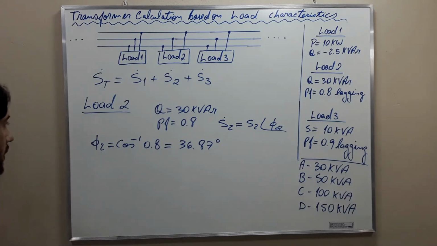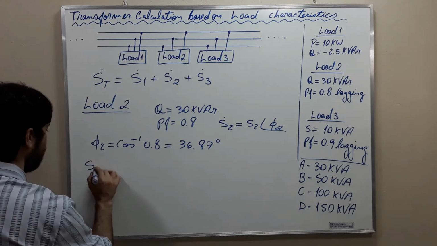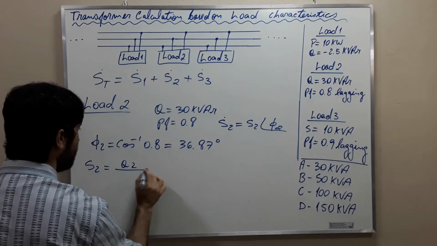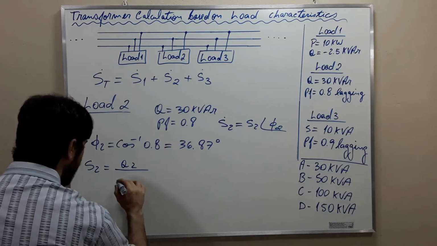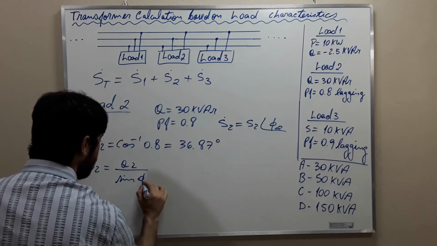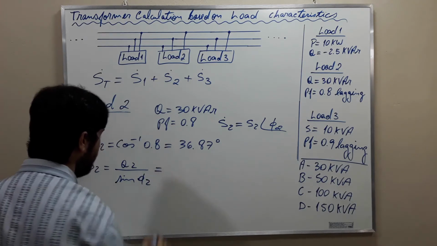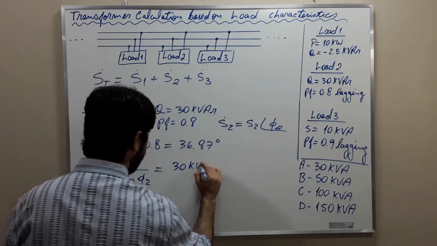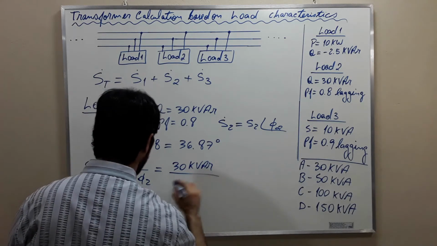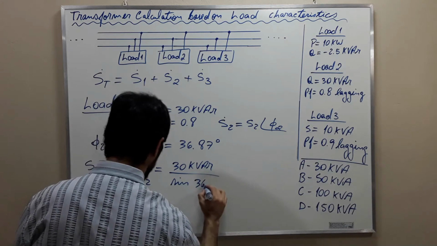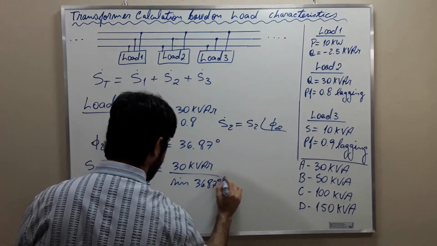Now we are going to use this to calculate the apparent power S2. The apparent power S2 is going to be equal to Q2 divided by the sine of this angle here, phi 2. Okay? 30 kVAR divided by sine 36.87 degrees.